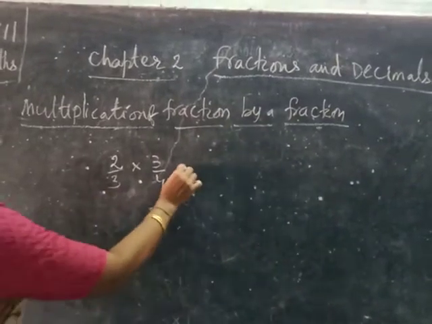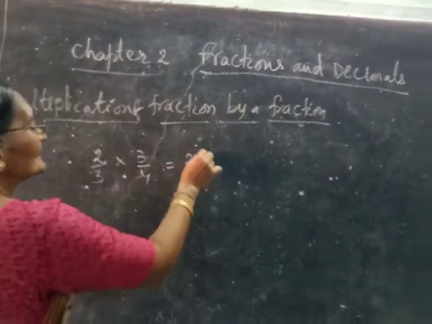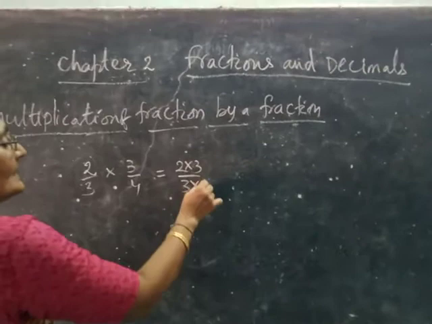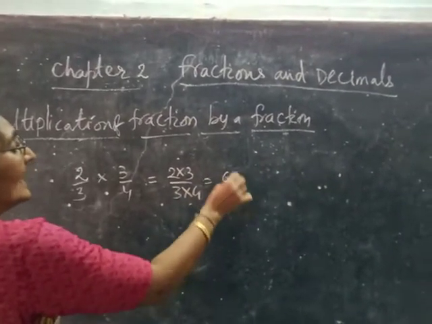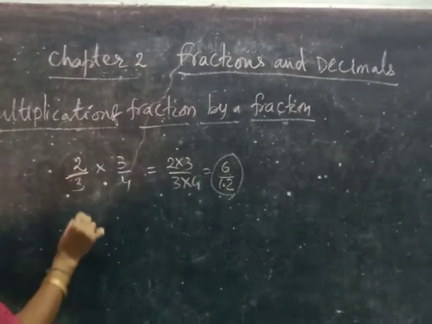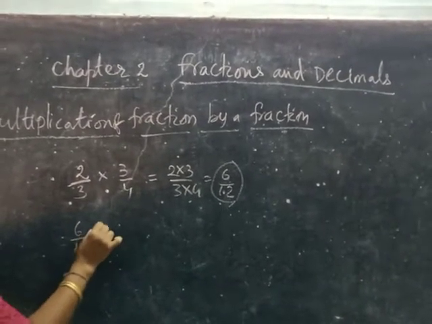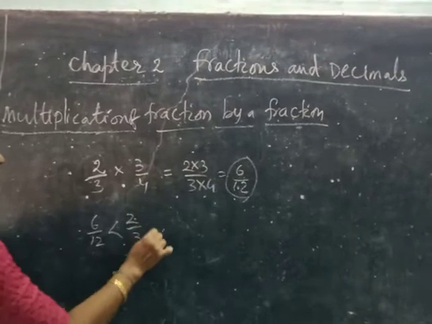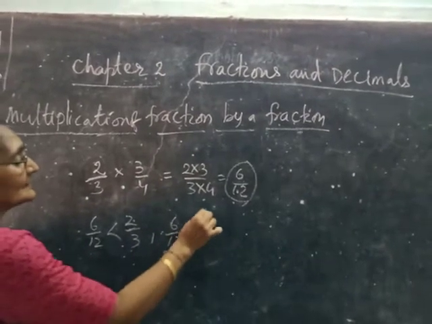You will multiply. How much will come? 2 times 3 is 6, 3 times 4 is 12. 6 by 12. And this 6 by 12 is less than 2 by 3, and 6 by 12 is less than 3 by 4.